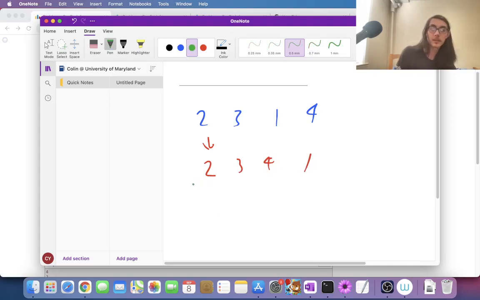The process is that we go through the people in order, and if they have a number that's positive, then they will reduce 1 from their number and they'll shout something.